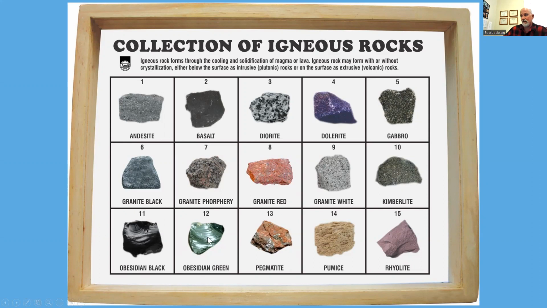But those are types of igneous rocks. Pumice, which they actually take and make abrasives for cleaning. Rhyolite. These are all igneous rocks, and there's a whole bunch of others. These are just some of the common igneous rocks people collect.